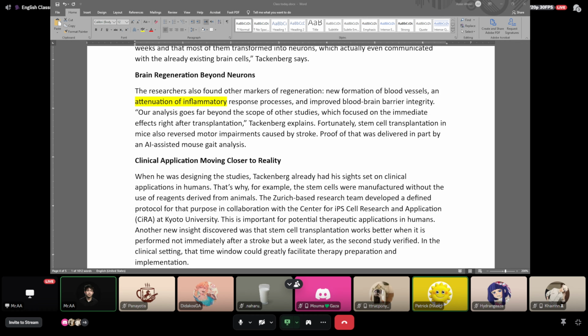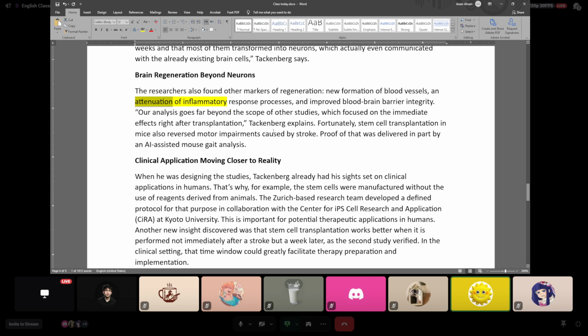Our analysis goes far beyond the scope of other studies, which focused on the immediate effects right after transplantation. Deckenberg explains, fortunately, stem cell transplantation in, like, what's that word? Is that mice? It's mice, right? It's a mouse, but it's plural. Oh, all right. Yeah, I got you.